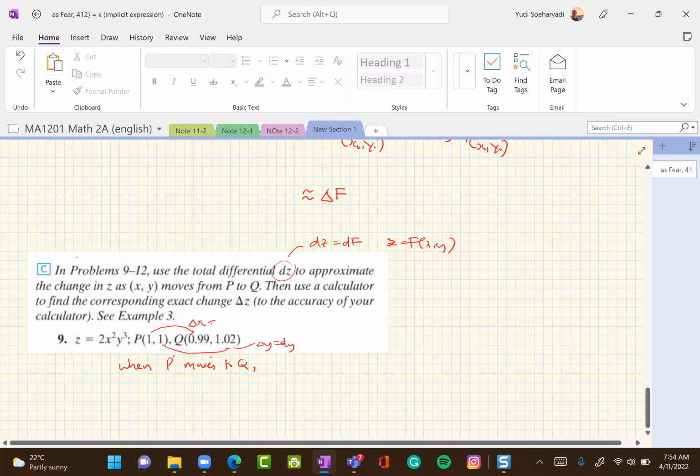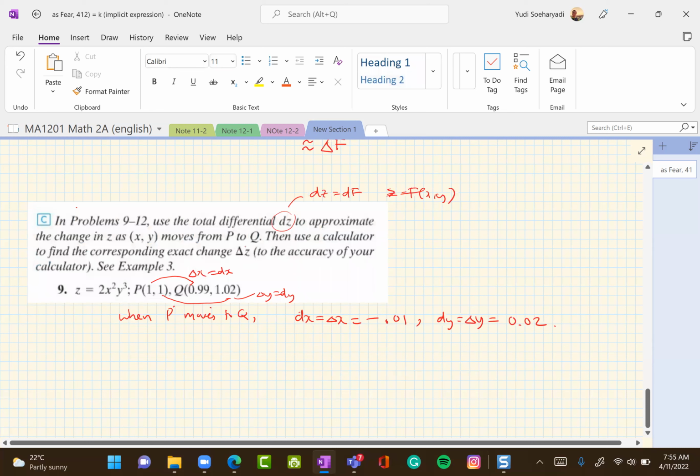So x goes from 1 to 0.99, so dx is negative 0.01, and dy, from 1 to 1.02, is 0.02.